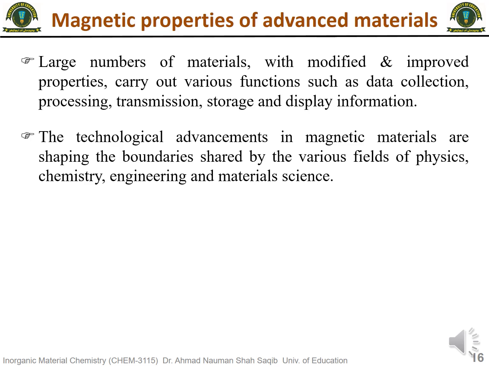There are so many advanced fields where these advanced magnetic materials are used, and work is going on by different engineers, chemists and physicists to further enhance the magnetic properties of these materials. Also there is work going on to synthesize new materials which can show better magnetic properties.